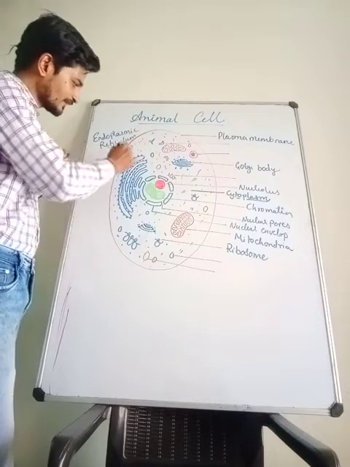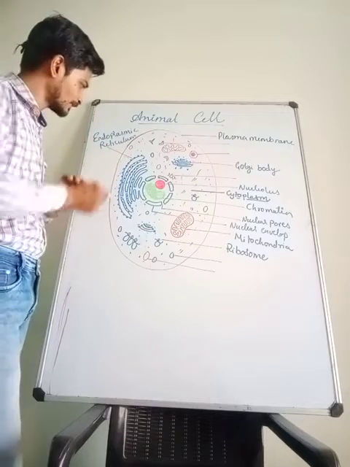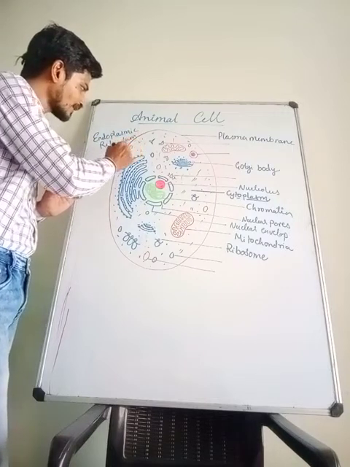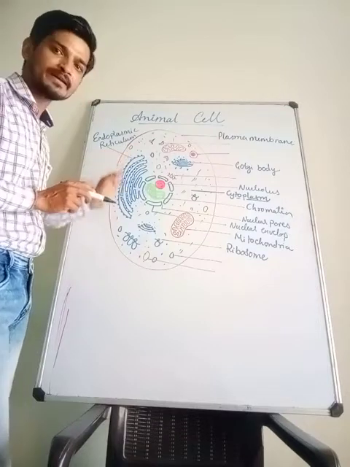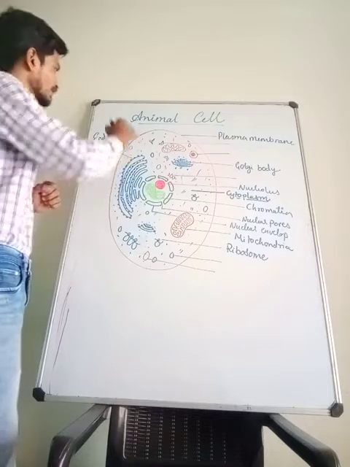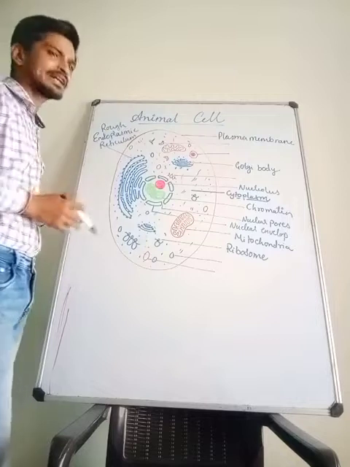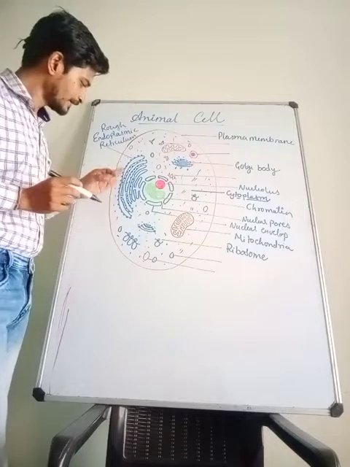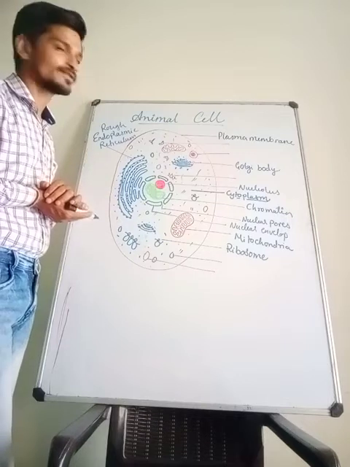Since we can see dot-like structures all over the surface of this endoplasmic reticulum, these dot-like structures are ribosomes attached to the endoplasmic reticulum, and this makes its surface rough. So this part is also known as the rough endoplasmic reticulum. Obviously, ribosomes are attached, so protein synthesis is one of the important functions of this RER.